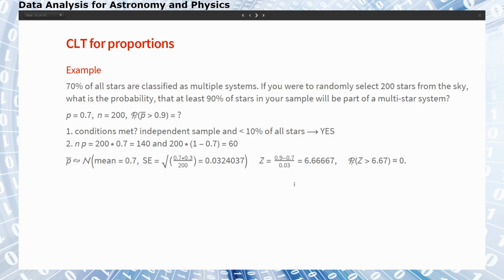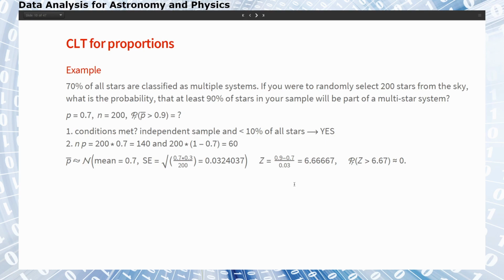Let's look at an example. Let's say that 70% of all stars in the Milky Way are classified as member of a multiple system. Now, if you were to randomly select 200 stars from the sky, what is the probability that at least 90% of the stars in your sample will be part of a multi-star system?